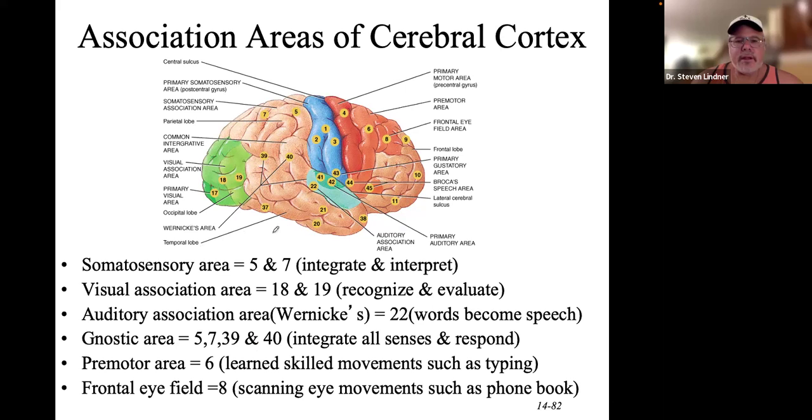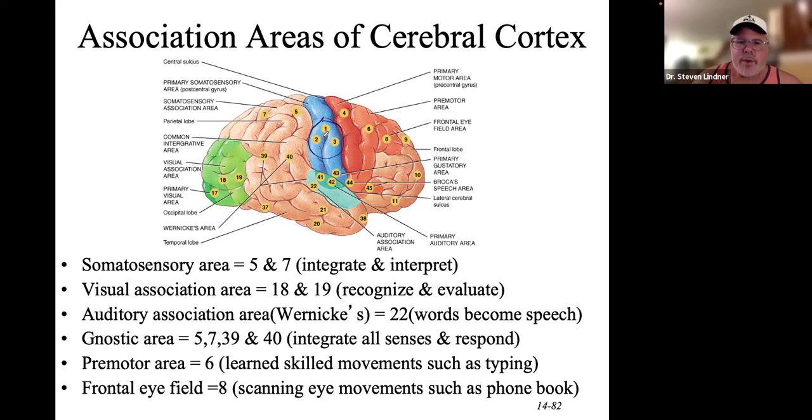So here is reviewing, here's the somatosensory area. Now, we know that 1, 2, and 3, right here, we know that that's the primary somatosensory, right? We know that postcentral gyrus is primary, but it's going to link and associate with other regions.